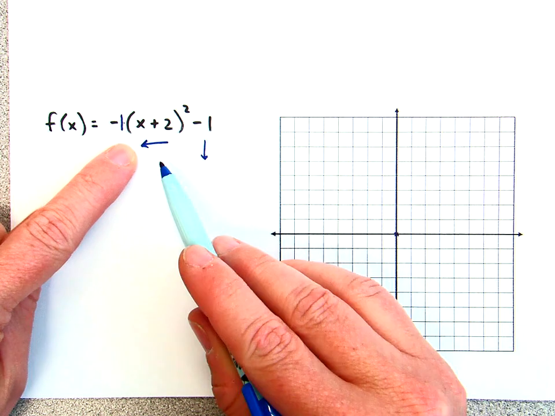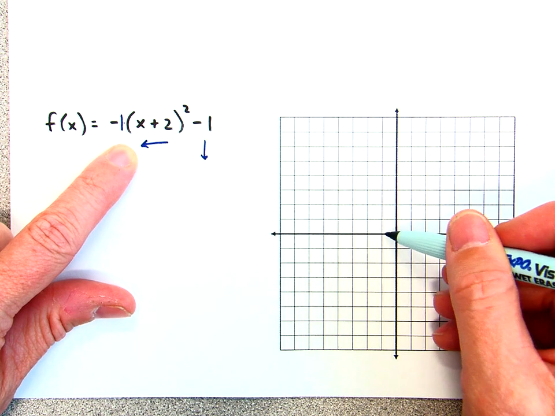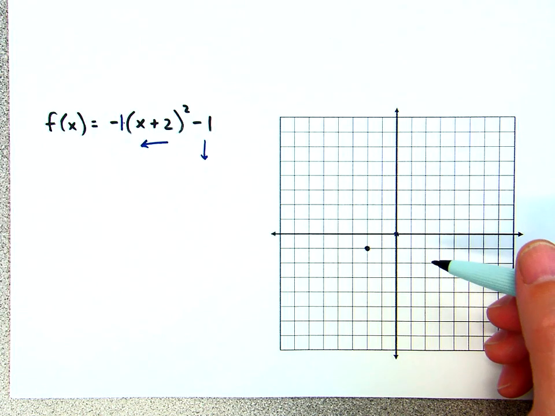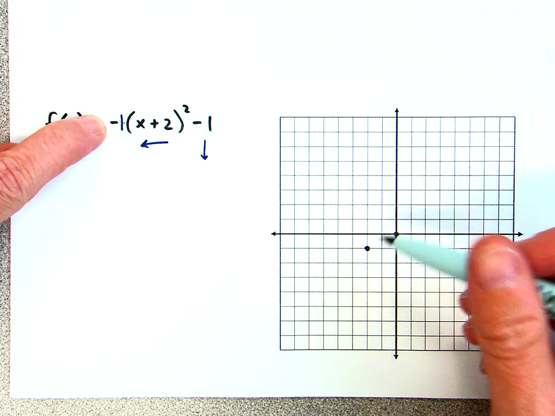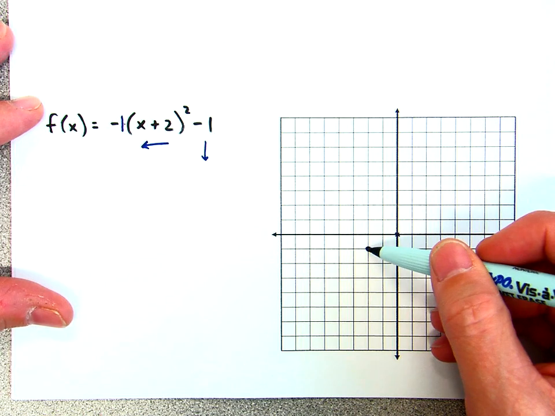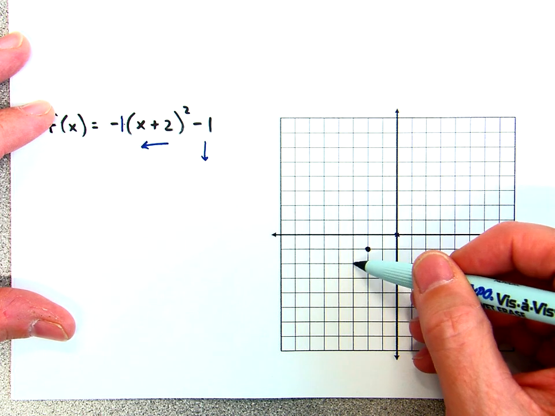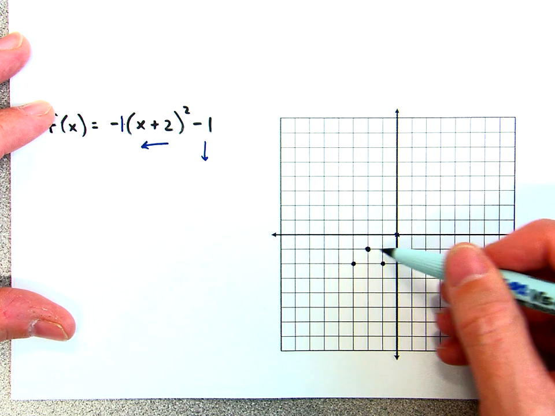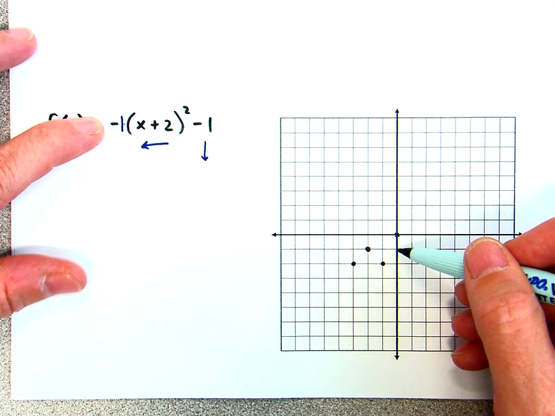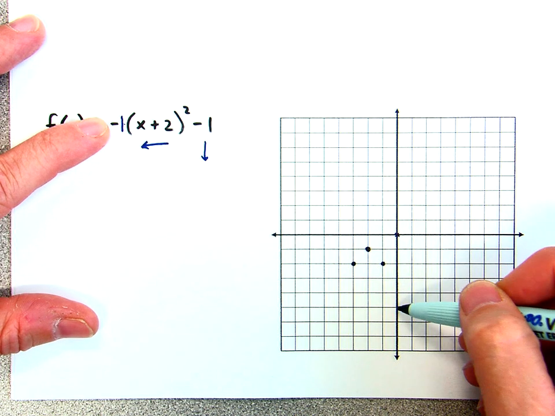So when we move our vertex to its new location, right? So left 2, down 1, right? This negative means that instead of going out 1 and up 1 for our anchor points, we're going to go out 1 and then down 1 in each direction. And then instead of going out 2 and up 4, right, we're going to go out 2 and down 4 because the negative is going to force it to be a reflection over the x-axis.